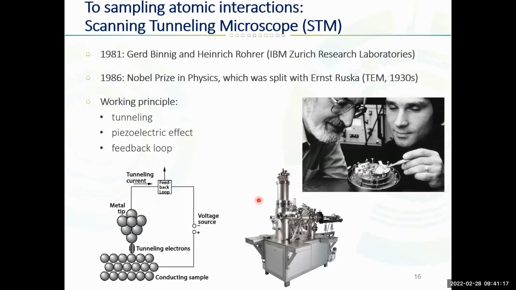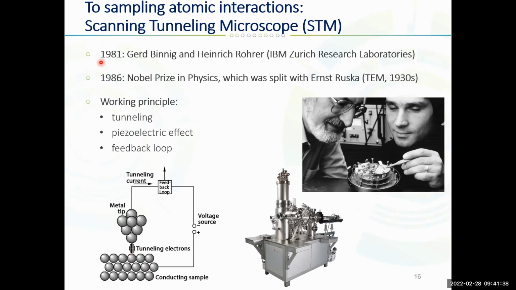So it's bringing the tip very close, and it applies electrical voltage between the tip and the sample. That's how we can image the surface at an extremely small scale. We can also see individual atoms here.